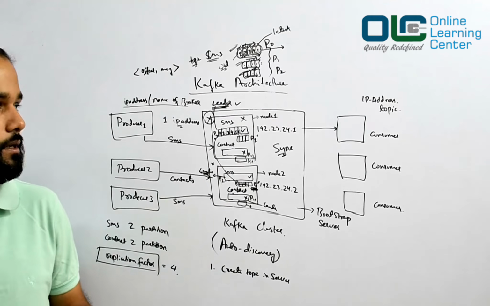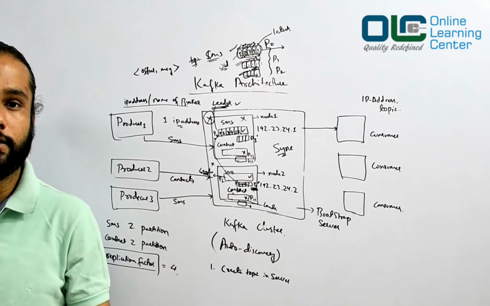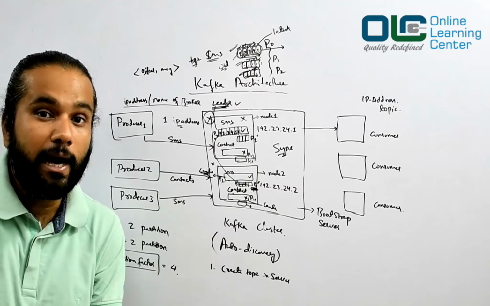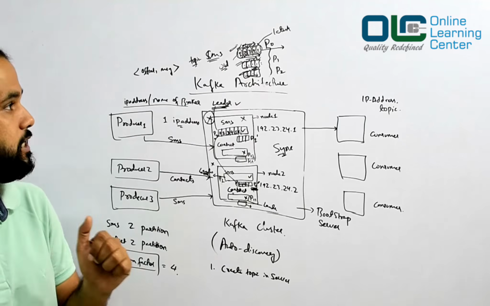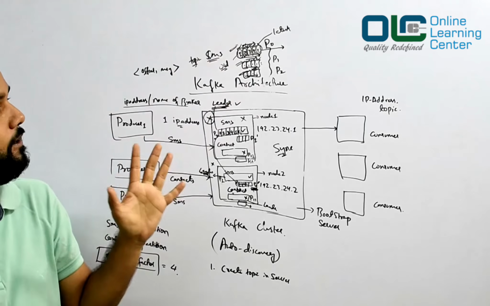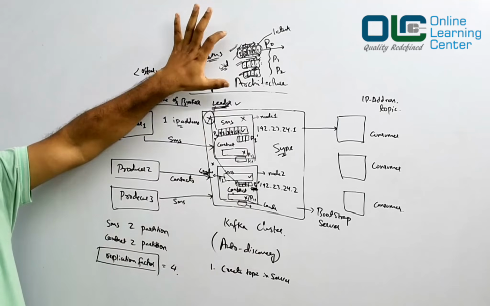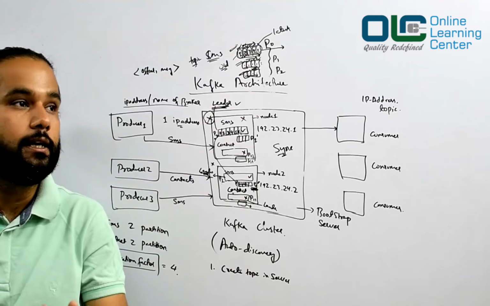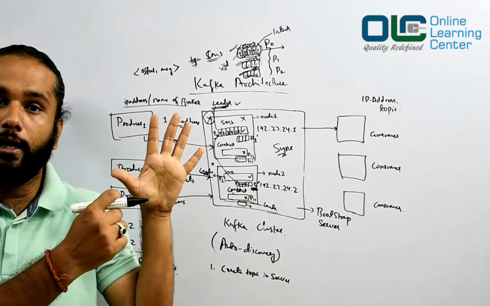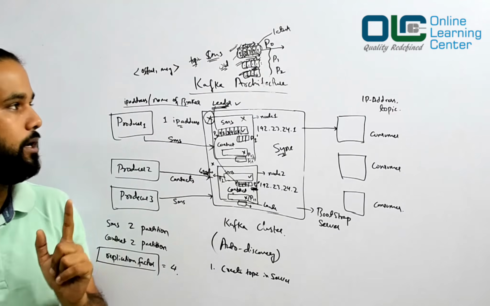As the data comes, it will start writing the data in all these partitions, just to make sure that the load is balanced as equally as possible. That's a very important point to understand. Kafka never guarantees you the order across partitions. You cannot say that P0 contains only the old data and P2 contains only the recent data. That never happens.